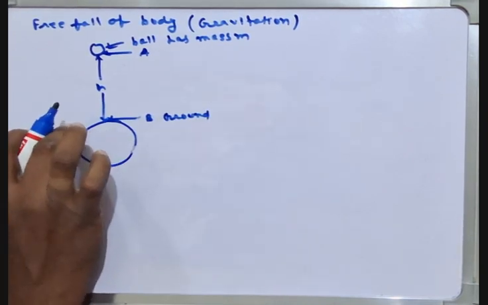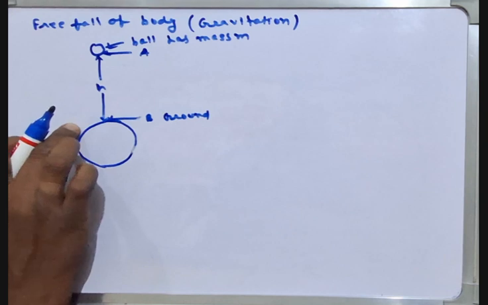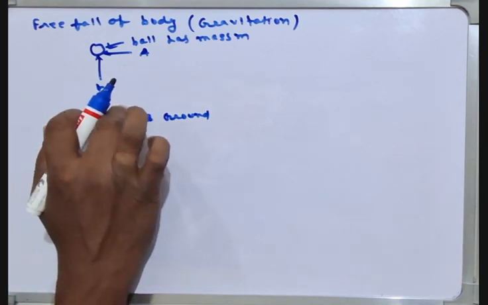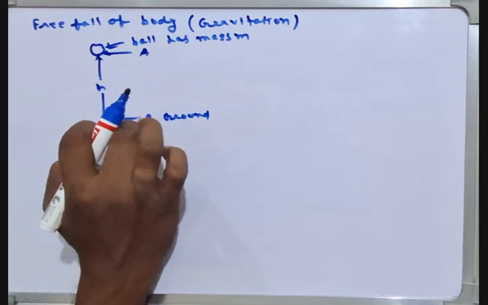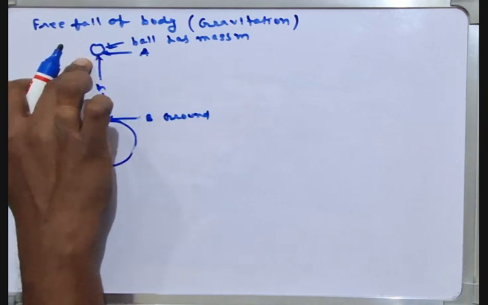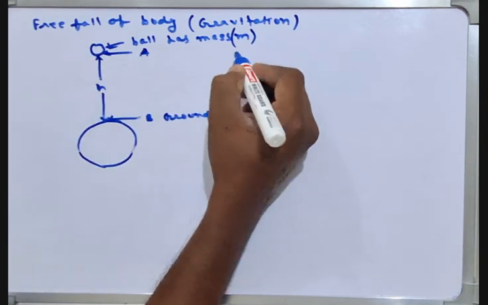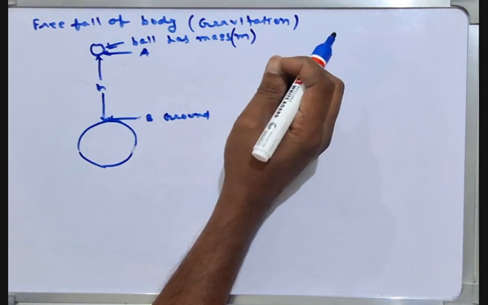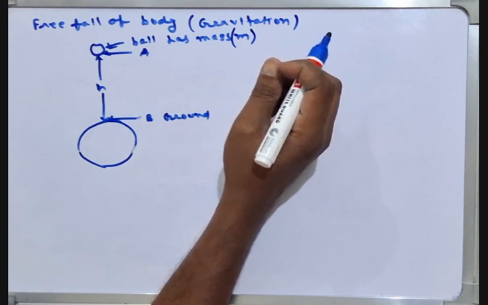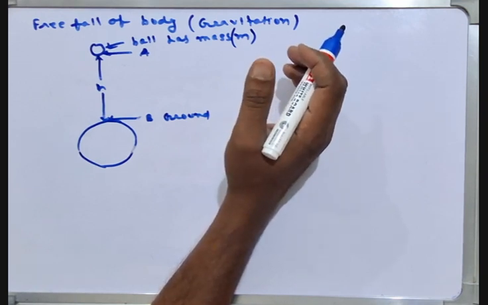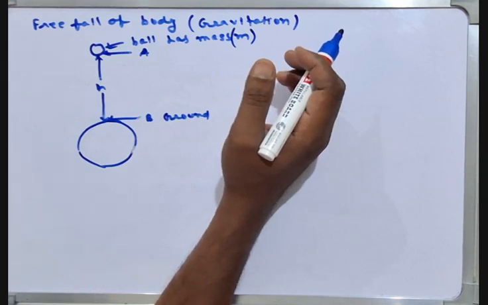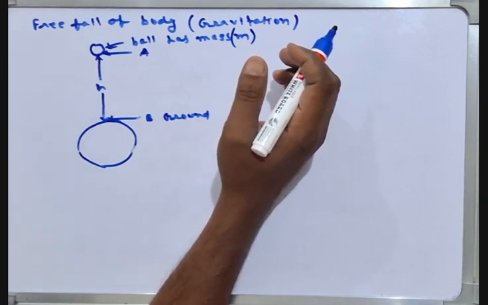Or you can say in other words, the ball is at height h from the ground surface, whose mass is m guys. Okay, now the law of conservation of energy is valid for this one also.